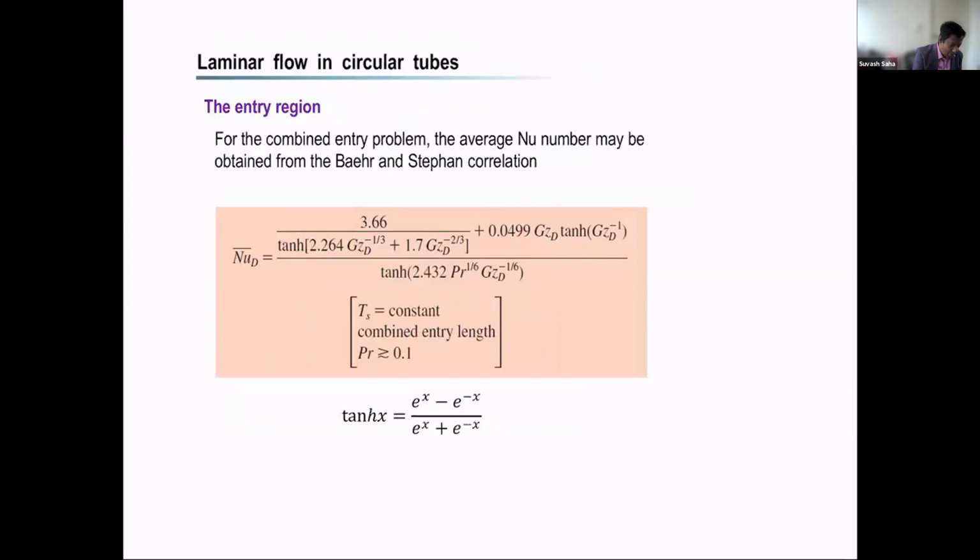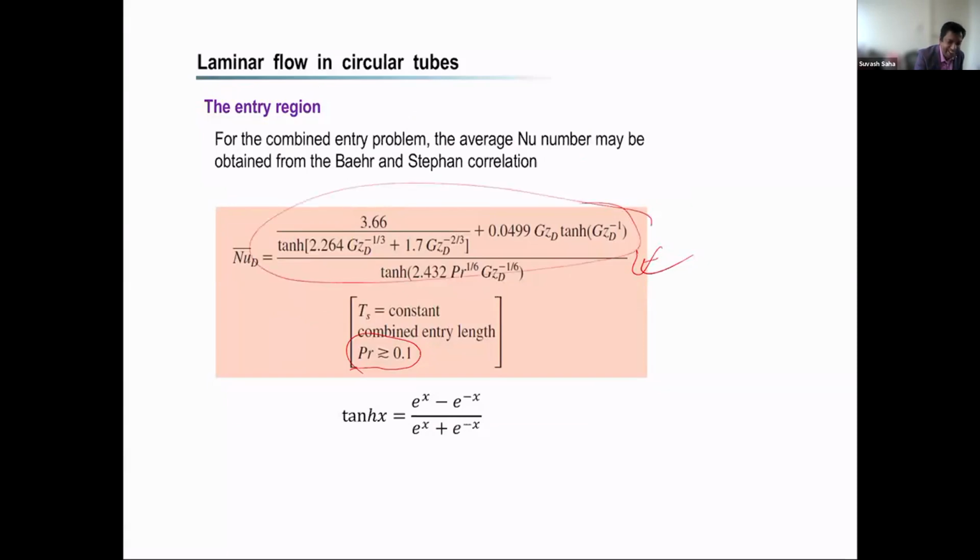So if your Prandtl number is greater than or equal to 0.01, you can use this one. For this correlation and that correlation, it looks very complex.